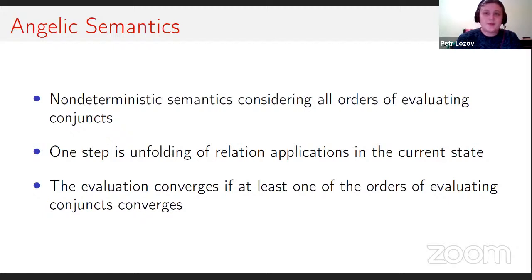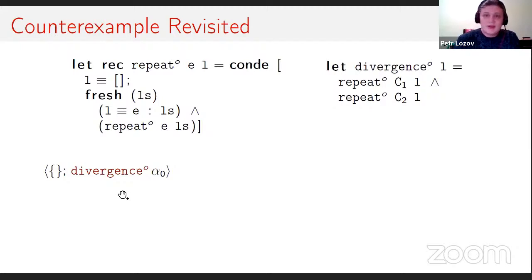Instead of performing one atomic operation, one step is unfolding a relation application. And the evaluation converges if at least one of the orders of evaluation of conjuncts converges. The divergent evaluation discussed earlier is one of the orders of evaluation in angelic semantics.